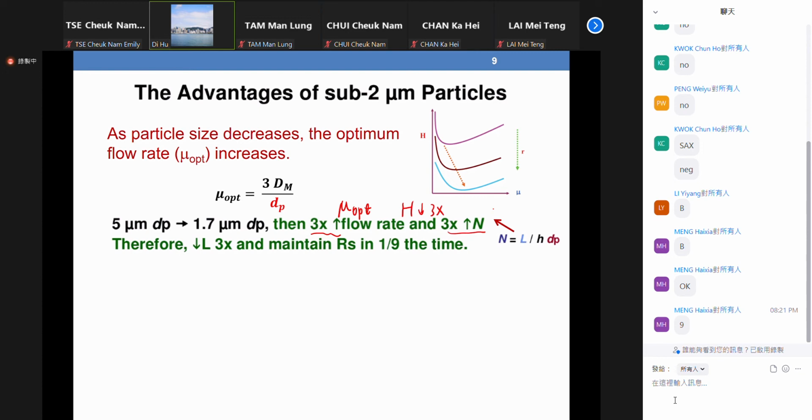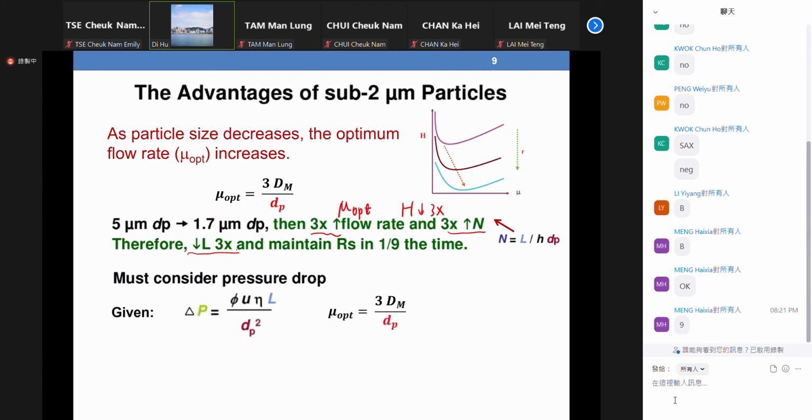However, if you want to keep N the same, the only thing for you to do is to use a shorter column, while keeping N the same, right? So you can use a column 3 times shorter, and that makes your analysis time shorter by 9 times. However, you have to consider pressure drop when dp decreases, because we already mentioned that.